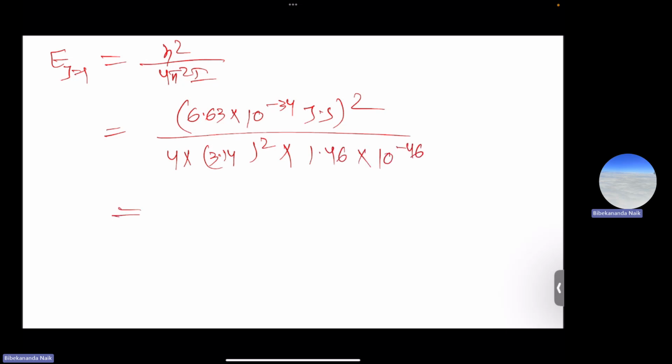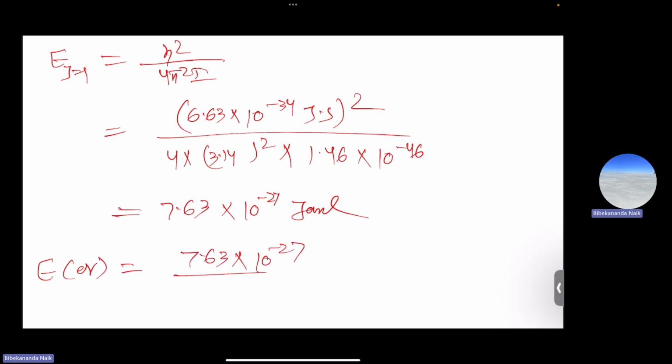If you calculate it, it will come out to be 7.63 into 10 to the power minus 27 joule. So energy in electron volt will be 7.63 into 10 to the power minus 27 divided by 1.60 into 10 to the power minus 19. It will be 4.77 into 10 to the power minus 4 eV.